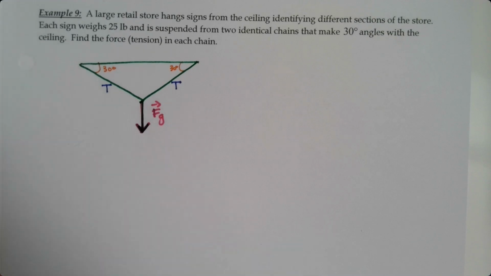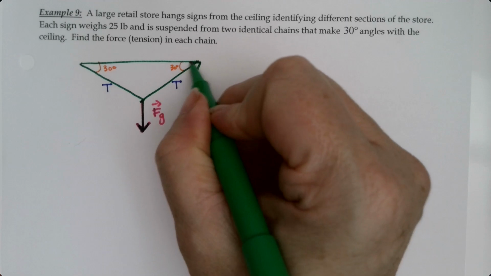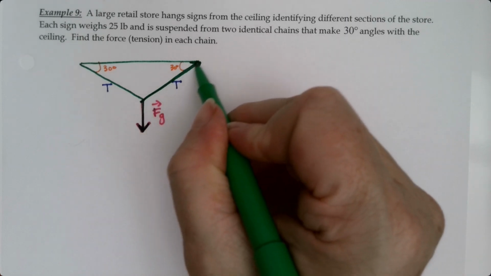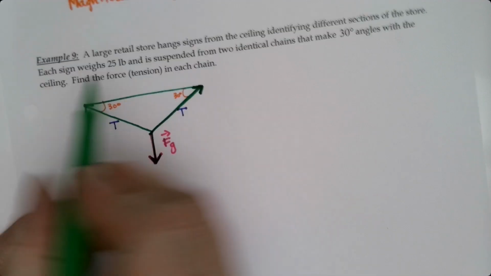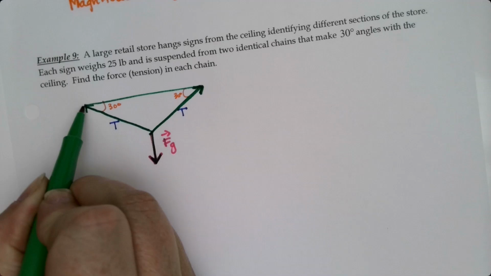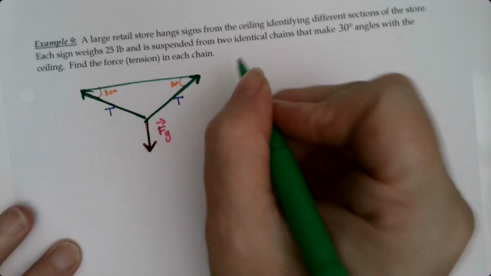If we want to think of it this way, we have a vector, the force holding it up, right? And then we have the force pulling it down. And of course, this is in equilibrium because it's not crashing to the ground.